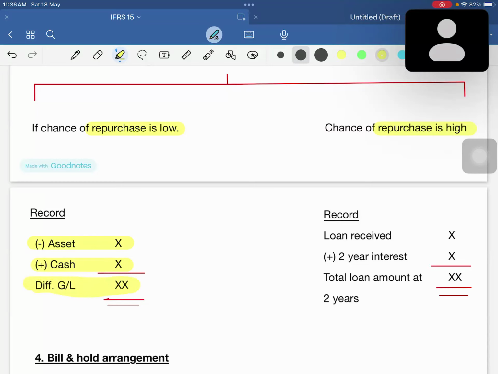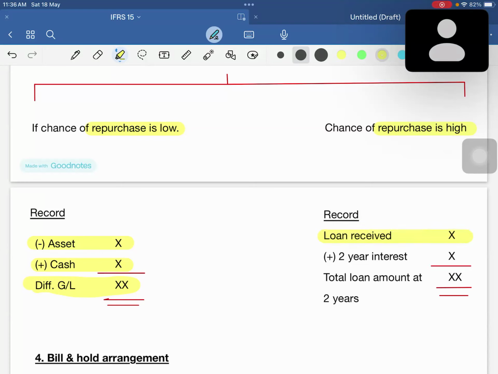Now, when the repurchase is very high, it's very probable that you're going to buy back the asset. So you have not actually sold the asset, but you have taken a loan from the bank. So we are going to assume that what you receive from the bank is actually a loan.